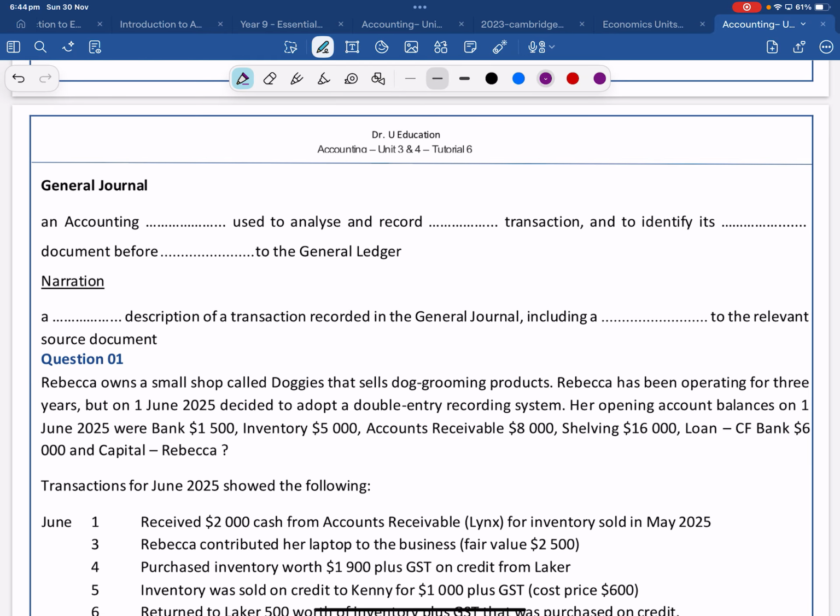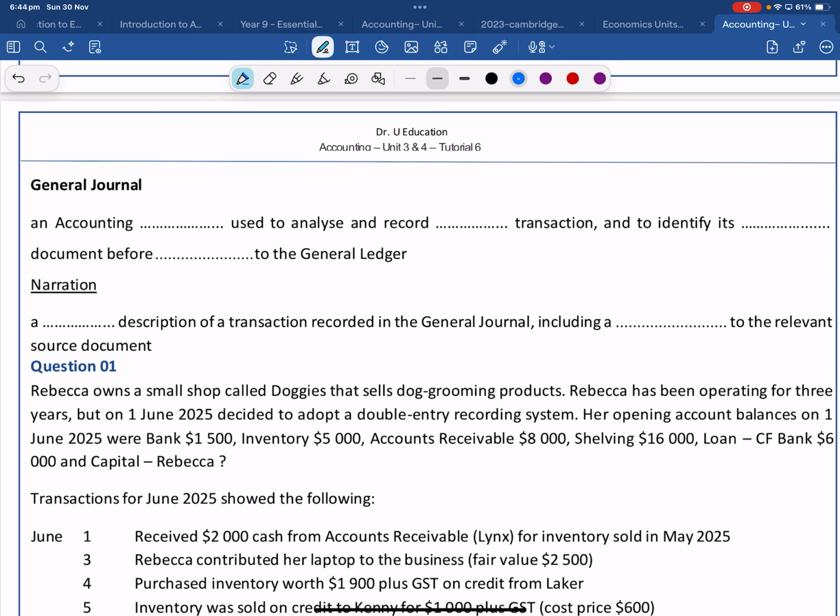How many journals have you done so far? 4. Yeah. So we are not going to come across those ones mainly. This is the journal that we are going to deal with until you finish your course. This general journal and ledger accounts will be your best friends in accounting. Okay? Right.